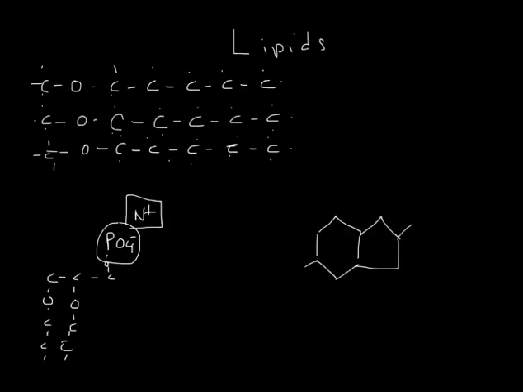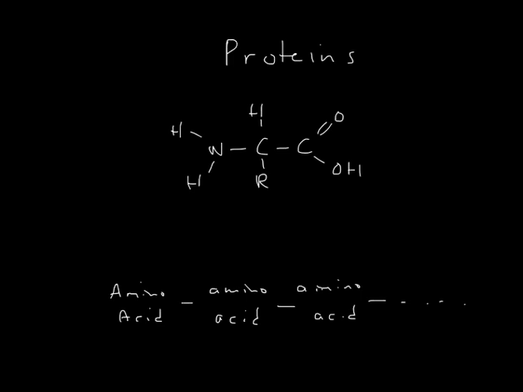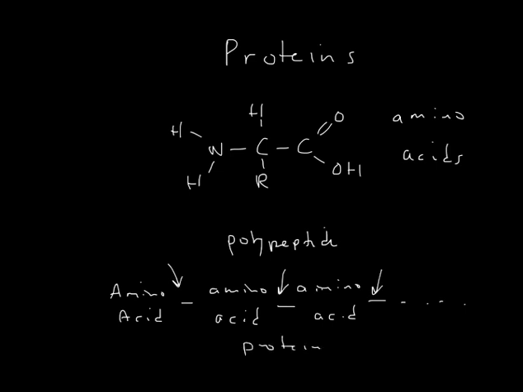Examples of lipids are fats, steroids, and phospholipids, like what are present in cell membranes. Proteins may be made up of the 20 different types of amino acids, which combine to form a polypeptide, which are held together by peptide or covalent bonds to eventually form proteins if there are 100 or more.